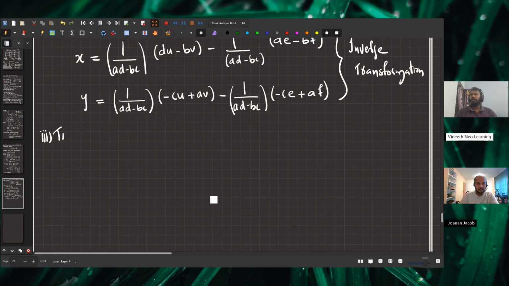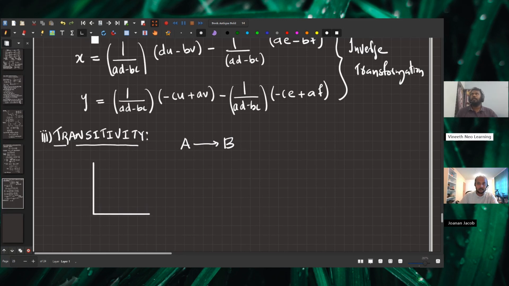Transitivity. For transitivity, let's assume we have a transformation from a coordinate system A to another coordinate system B. Let me draw some kind of coordinate system, and another coordinate system, say some rotated coordinate system.